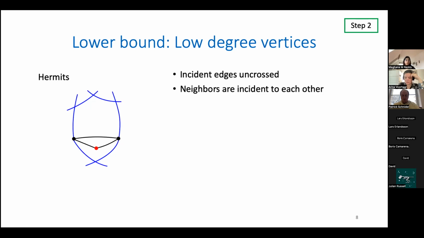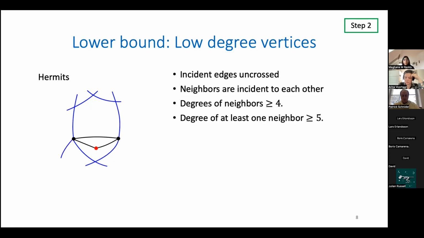So again, we should have these crossed edges bounding it. Now, what we immediately see is that the degrees of the neighbors are at least 4, because we already had these two edges here, and we have two more edges which help bound or close this vertex off. So the degree of both the neighbors is at least 4.